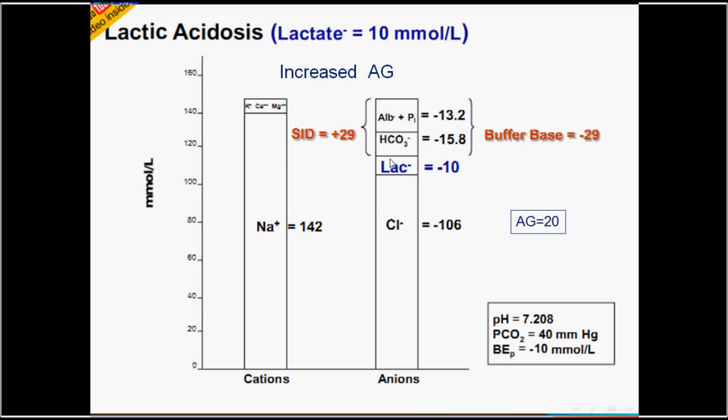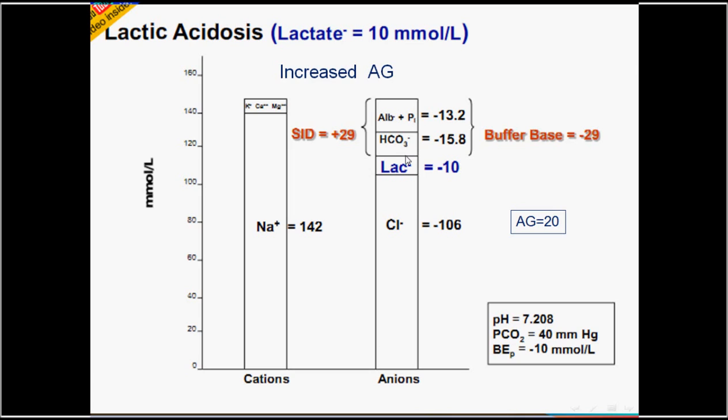These react with bicarbonate, and the bicarbonate decreases. So there is a decrease in the bicarbonate, no change in sodium, no change in chloride. If you add these together and subtract from 142, you will find an increase in the anion gap. This will not happen except when some sort of acid has been added to neutralize the bicarbonate.